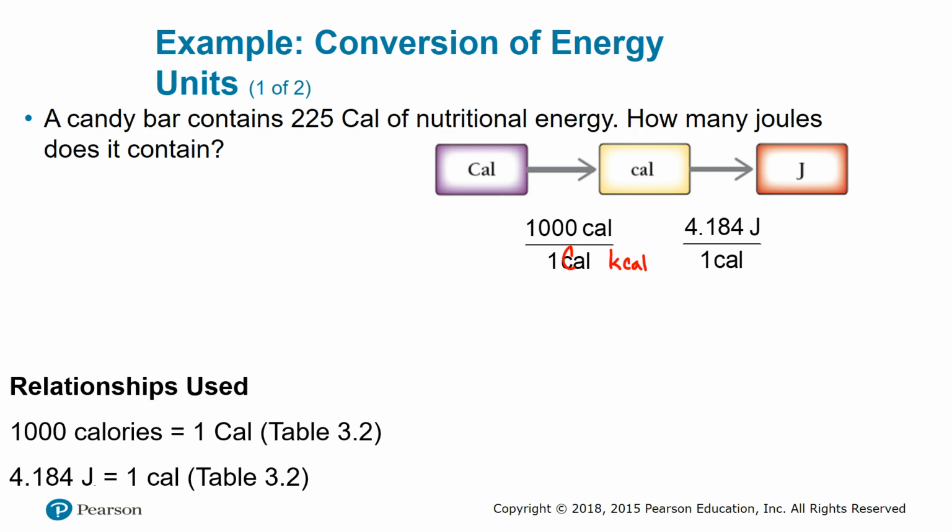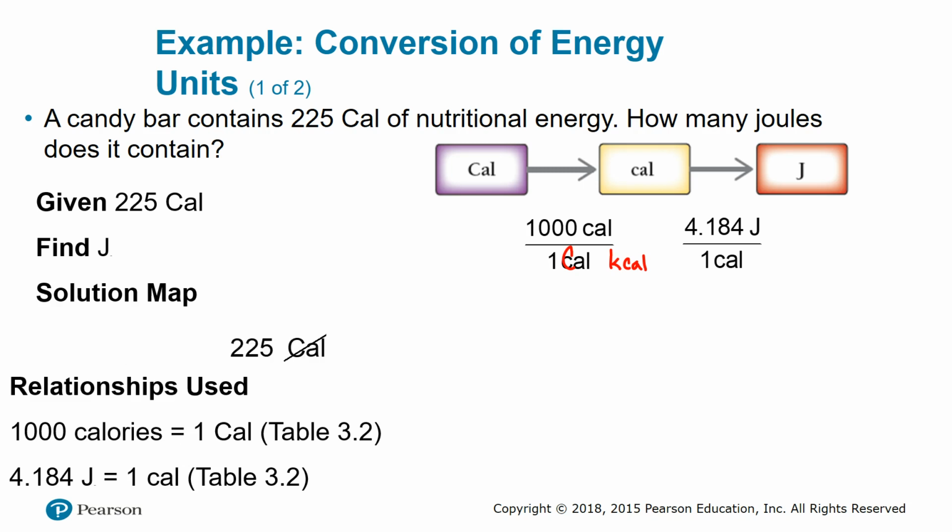And then we can also use the relationship between heat calories and joules. So in this calculation, I'm going to multiply by 1,000, and then I'm going to multiply by 4.184. So the problem: we're given 225 kilocalories, and we're asked to find joules. I'm going to start with my 225 kilocalories, and use my conversion factor.